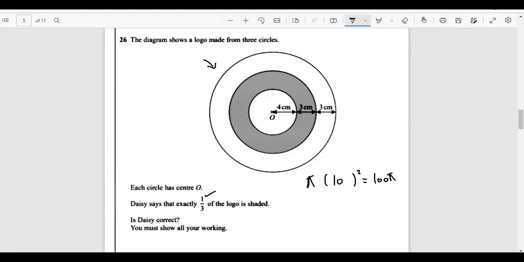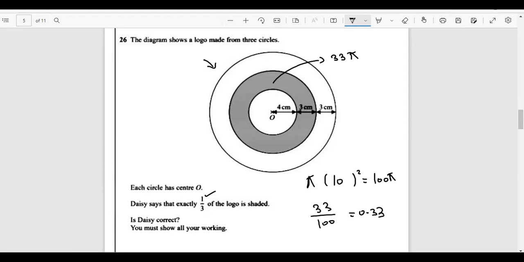So it is 1/3. No, it is 33 by 100. So basically this turned out to be 0.33. So 33 by 100 would give you 0.33.